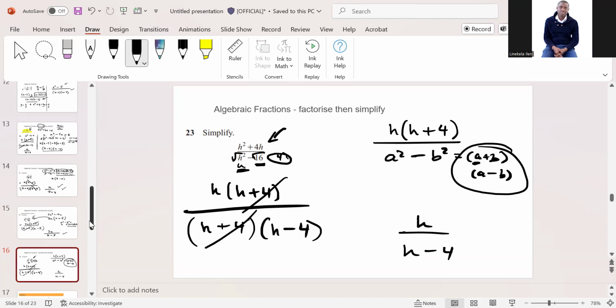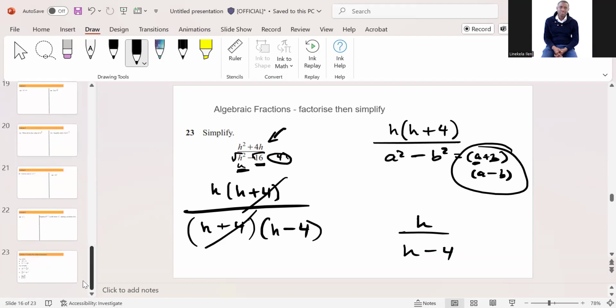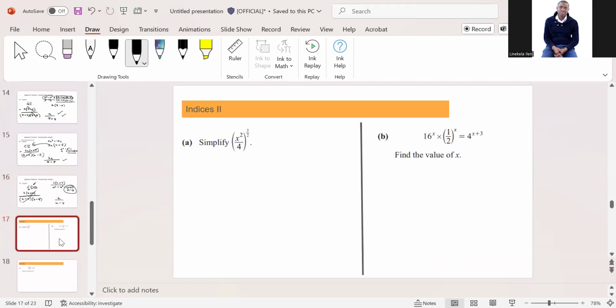These types of questions are questions that you can expect on your paper 2 or paper 4. Then the one that people really at times find challenging is your indices.